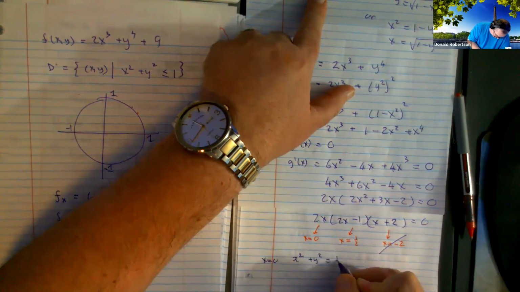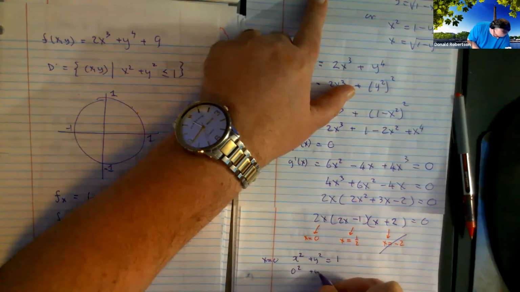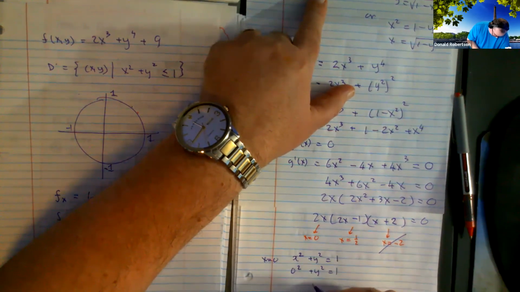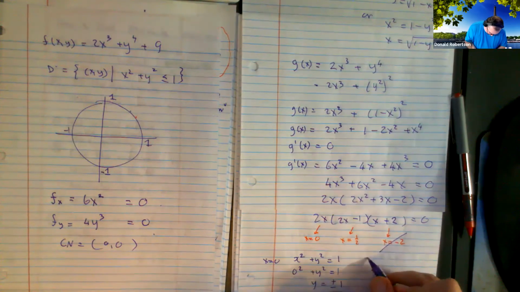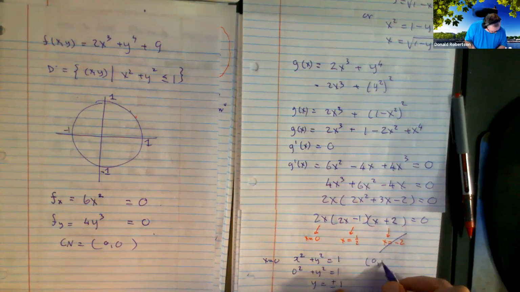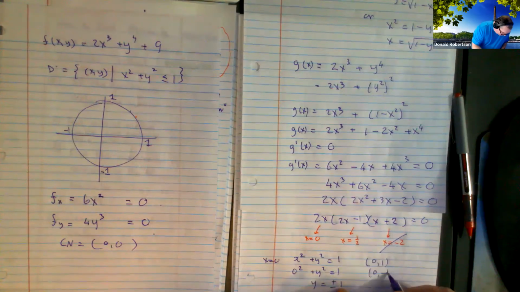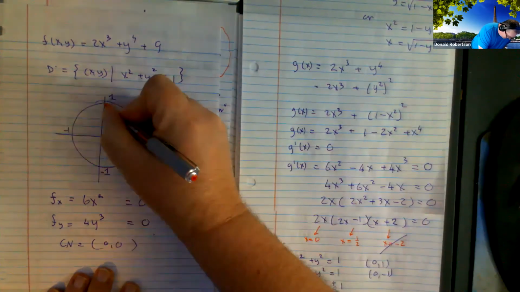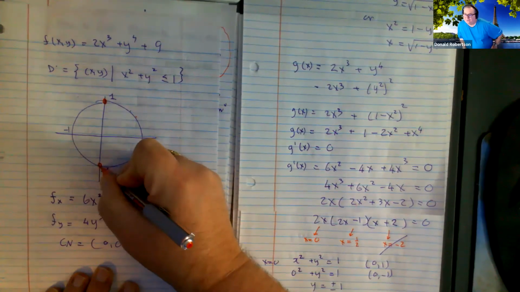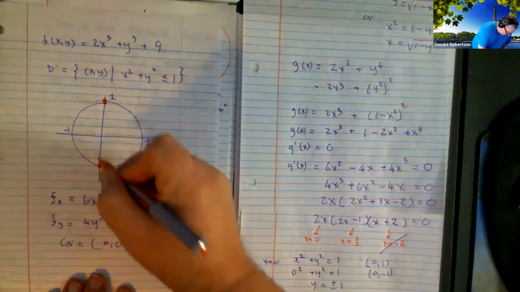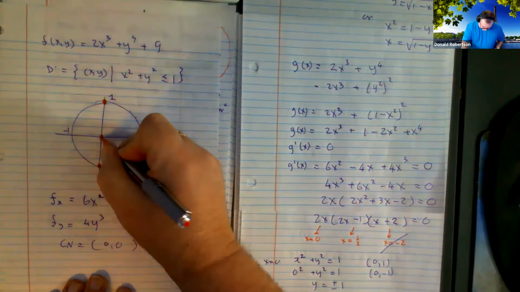That gives me 0 plus y squared equals 1. Can I cut to the chase and say plus or minus 1? So that means 0, 1, and 0, -1, which is actually more by coincidence than design, is it not? Those two guys there. Oh, and by the way, there's our critical number, so we've got 3 points.